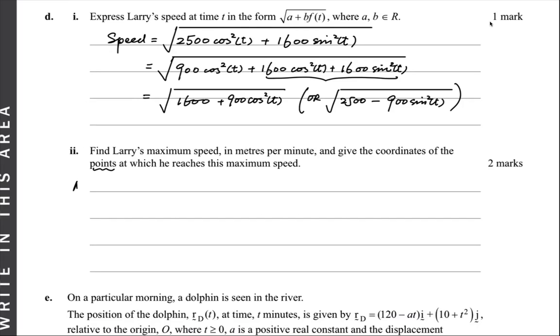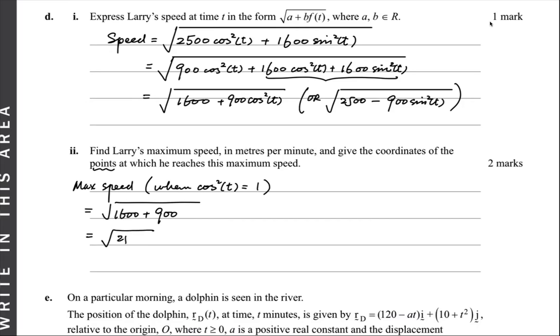So maximum speed when cosine squared, I'm following the first version, cosine squared t equals 1. Then it's equal to root of 1600 plus 900, root 2500, which is 50 meters per minute. Okay.